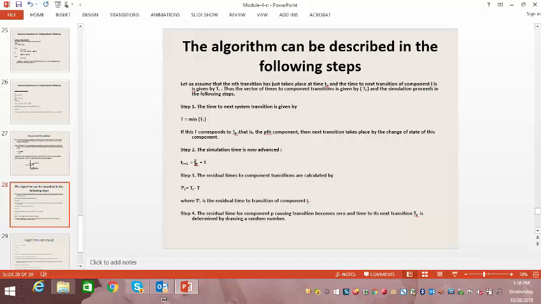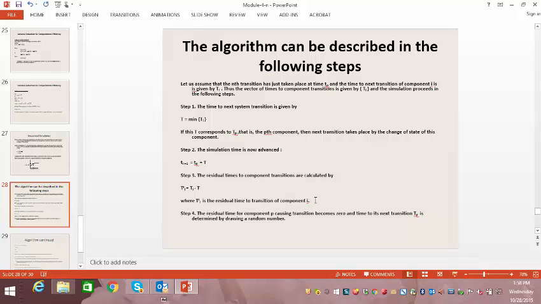So the simulation time can be advanced. This is the time at the nth transition, and this is the time which will take to the next transition. So the time can be updated. And then the remaining time on the other components which have not made the transition can also be calculated. This is called the residual time to transition of the component.